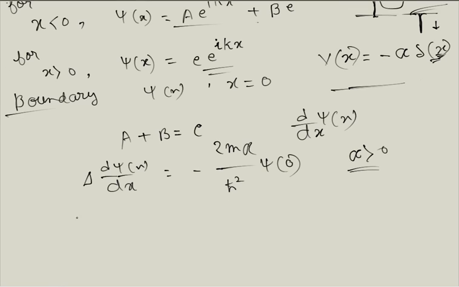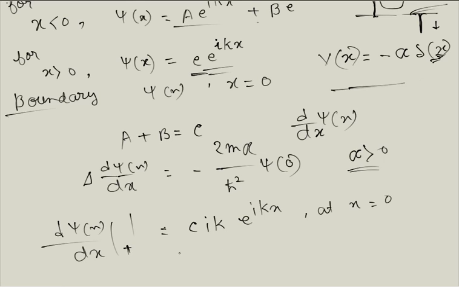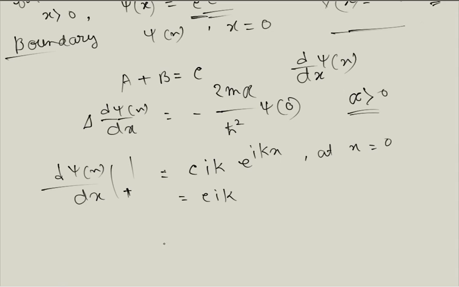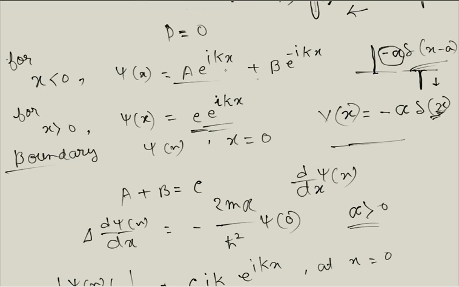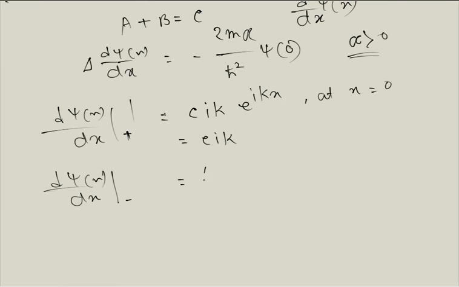So now writing the first derivative. The right hand side derivative in this case, from c e to the power i k x, at x equals 0 will be c i k, and the left hand side derivative will be, from this side of x, a i k e to the power i k x minus b i k e to the power minus i k x.